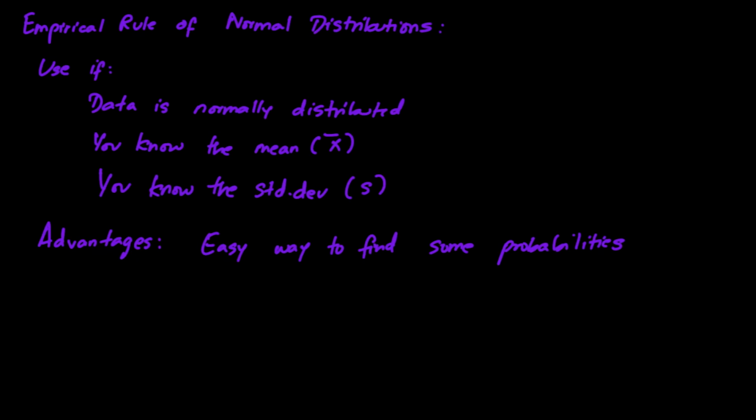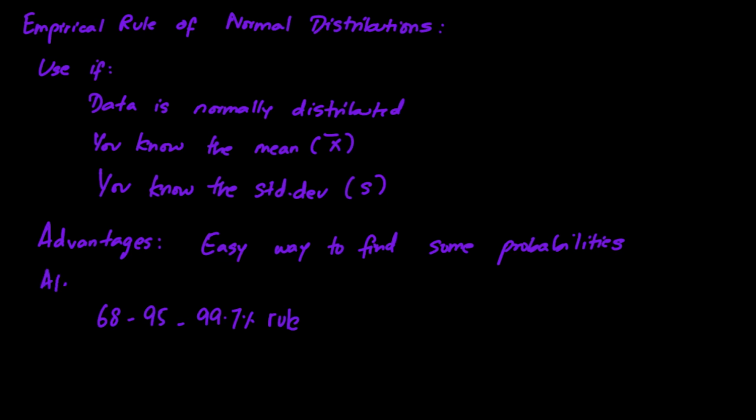You can only find predefined probabilities. The rule is also known as the 68, 95, 99.7% rule.